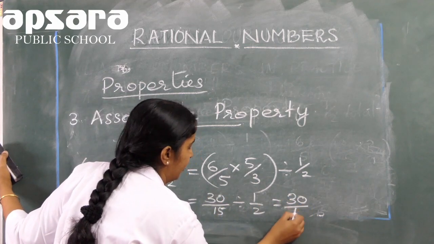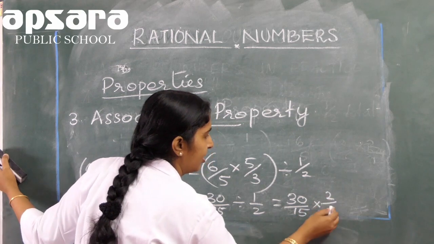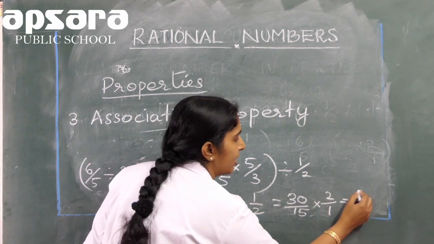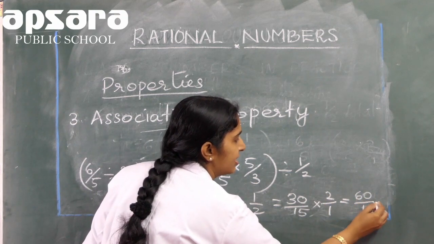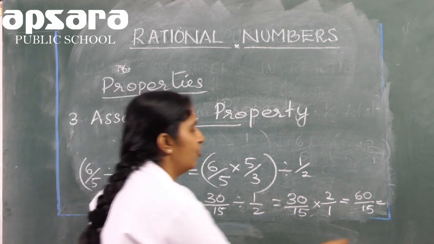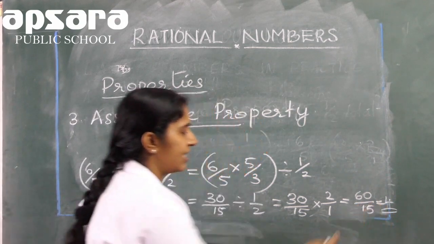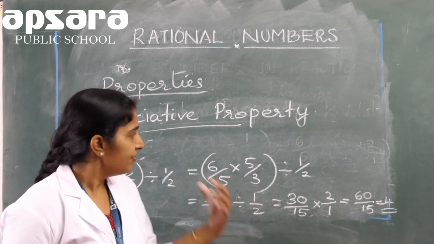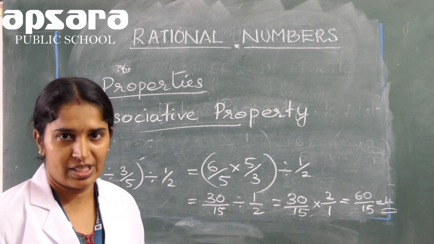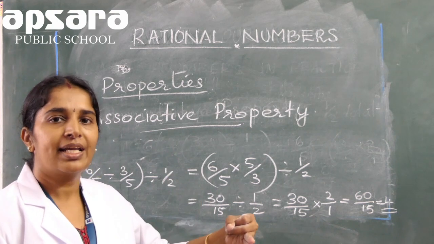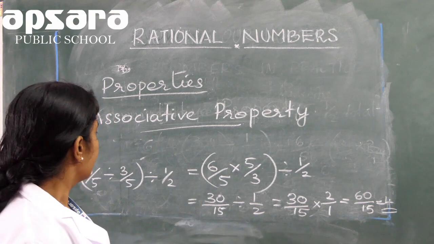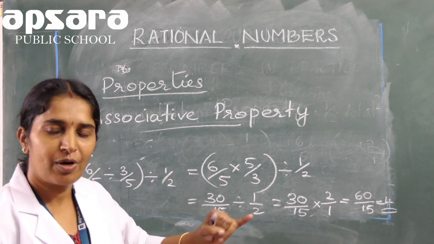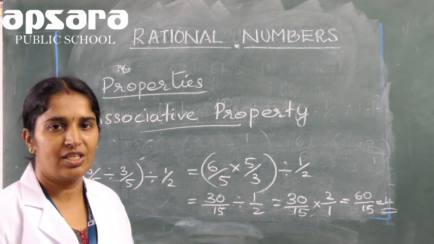Into 2 by 1, you are getting a different answer: 4. Here we got 1. So the answers are different, right? So division of rational numbers is not associative. Addition and multiplication are associative, whereas subtraction and division are not. We have completed closure property, commutative property and associative property.